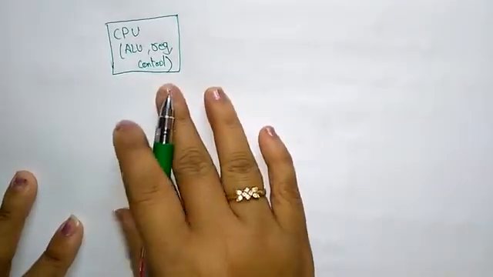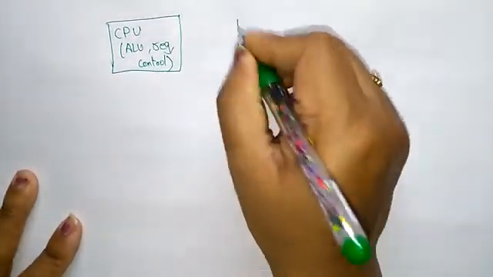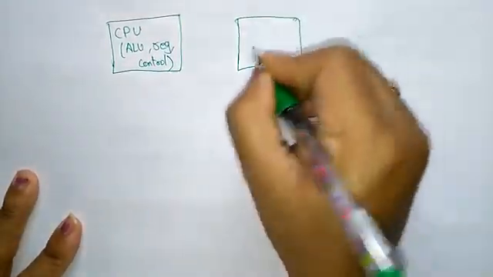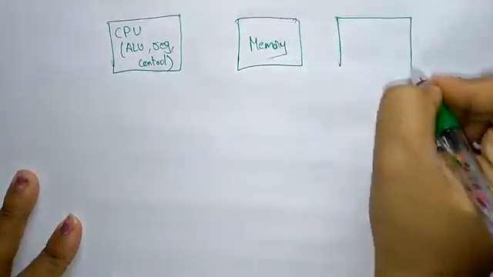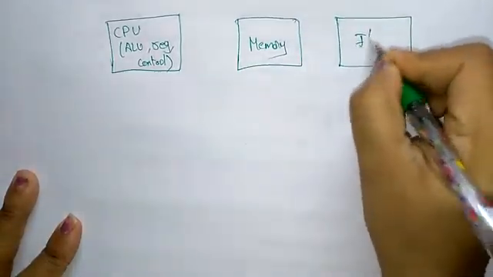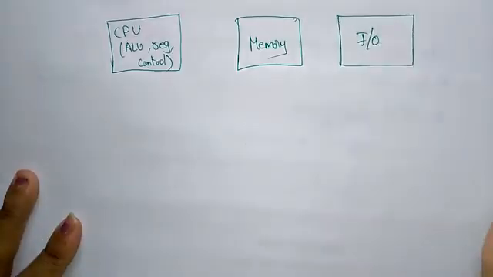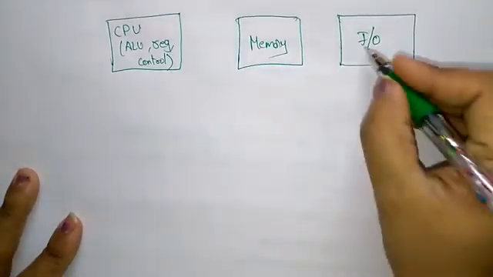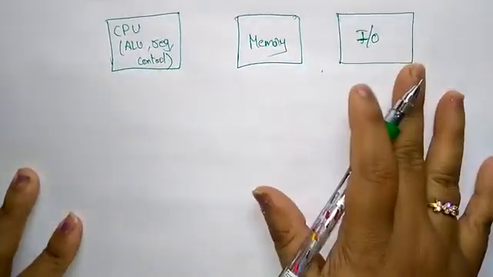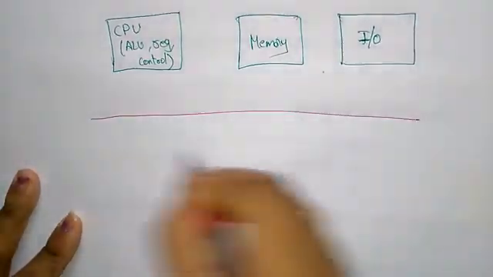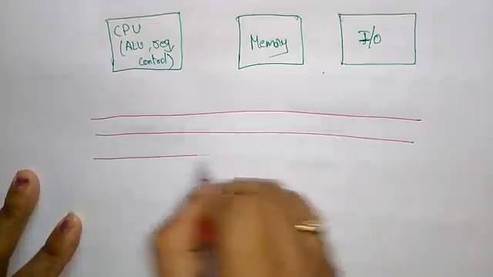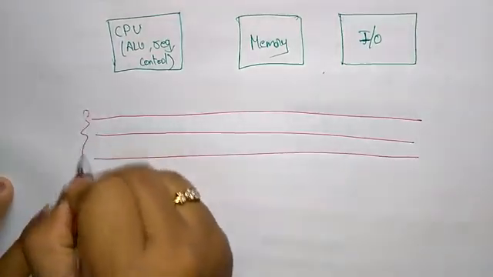So this is one component, the CPU, then memory, and the input output unit. These three major units are connected with the help of the system bus.